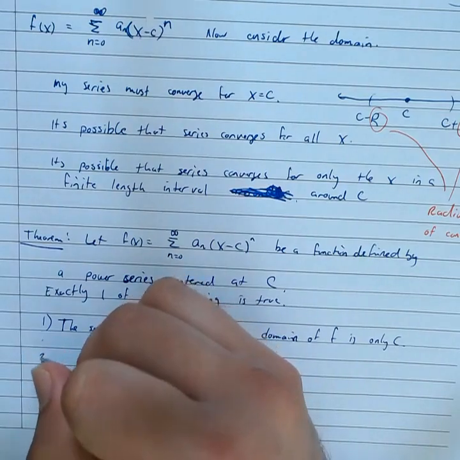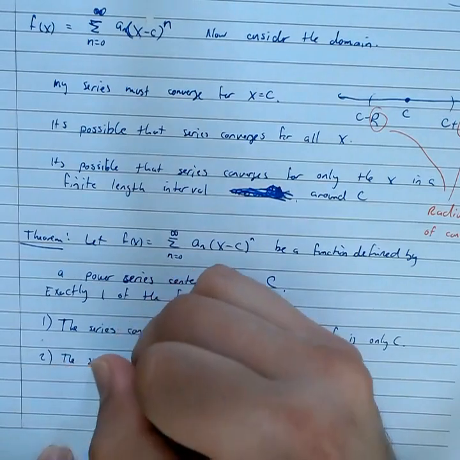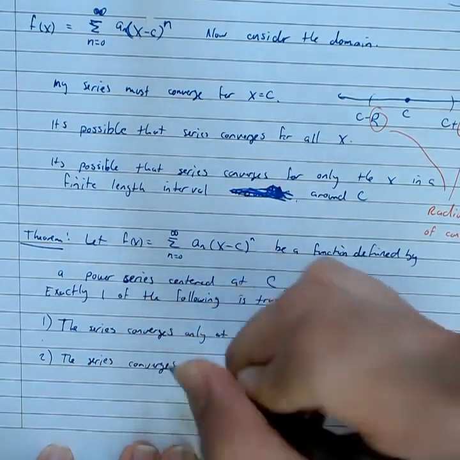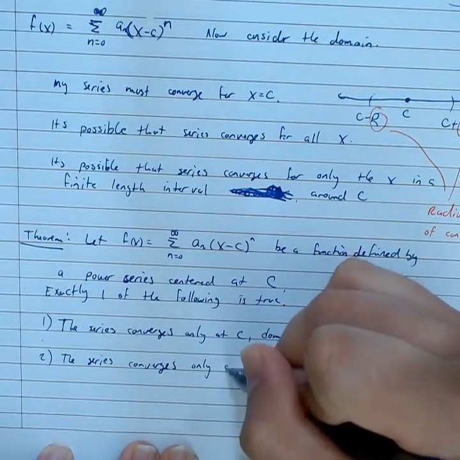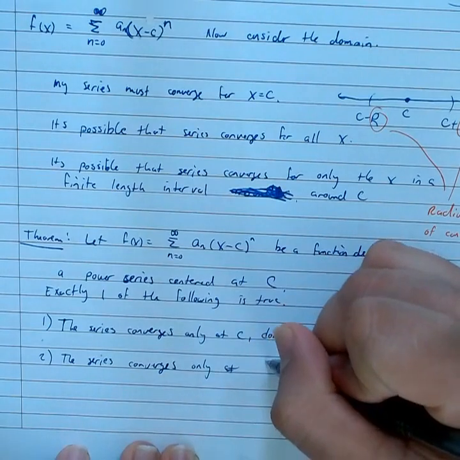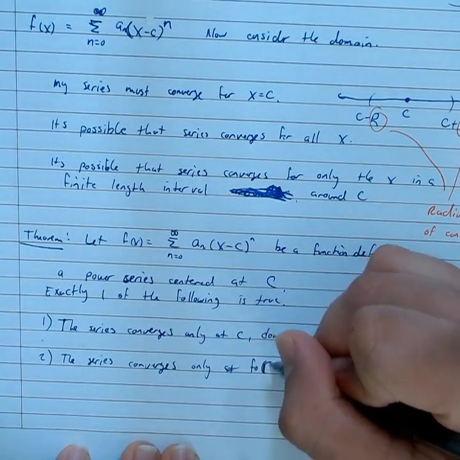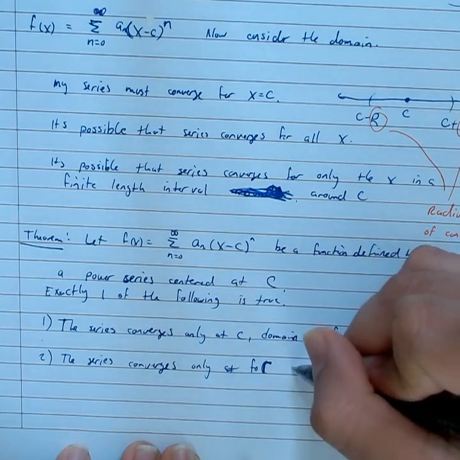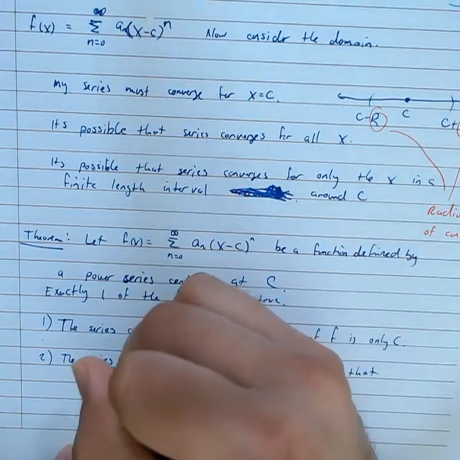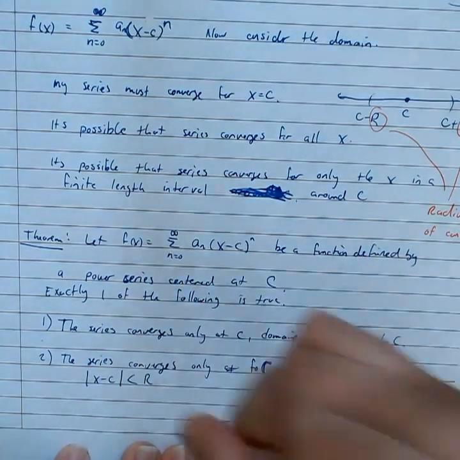It's possible that the series converges only at the interval, or let's put it this way, only for x such that the absolute value of x minus c is less than some value of r.